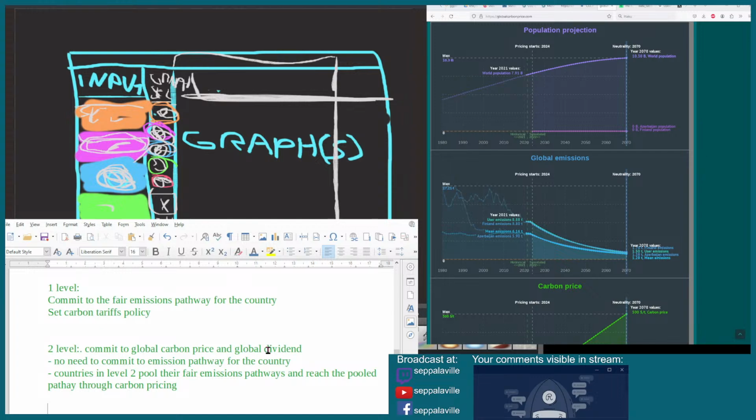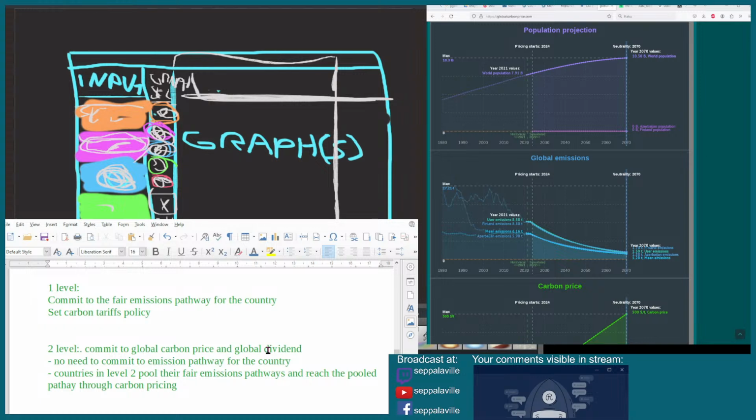This would mean that countries in level 1 and level 2 would have two separate systems, but on average, the countries on level 2 would reach these fair emission pathways as well.